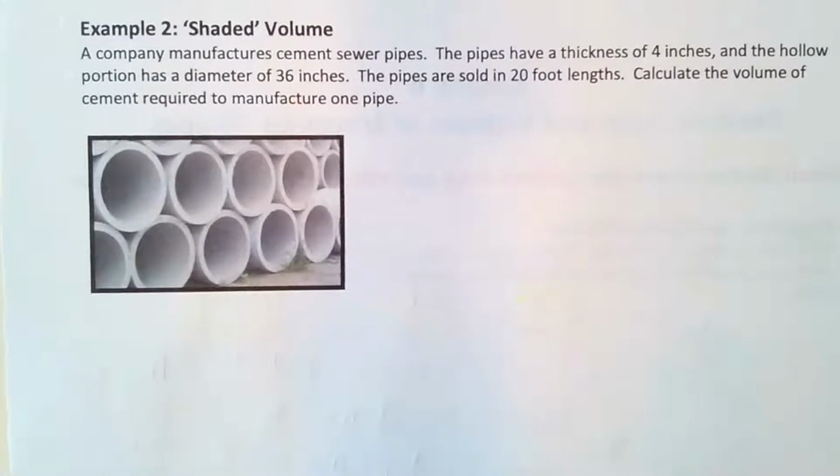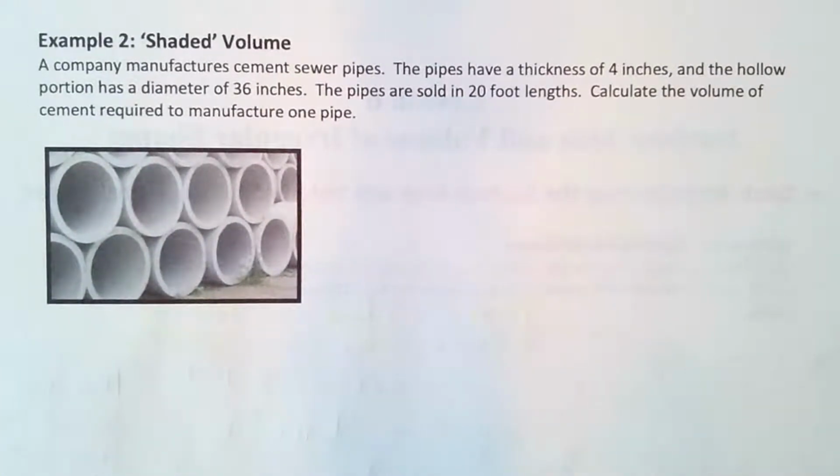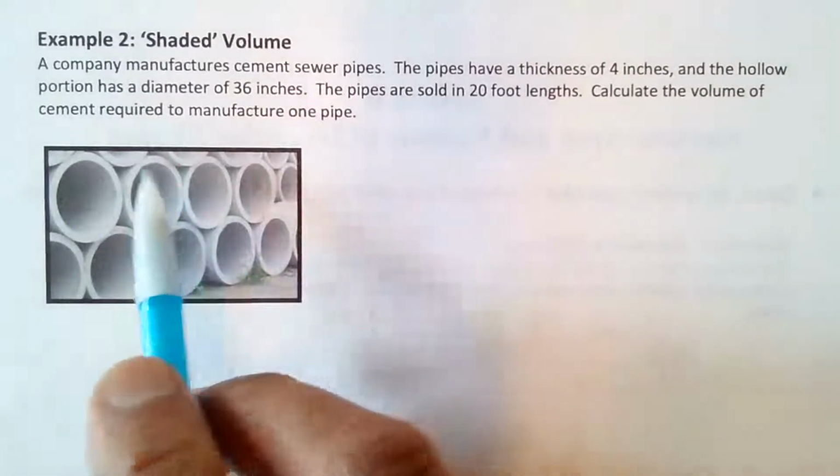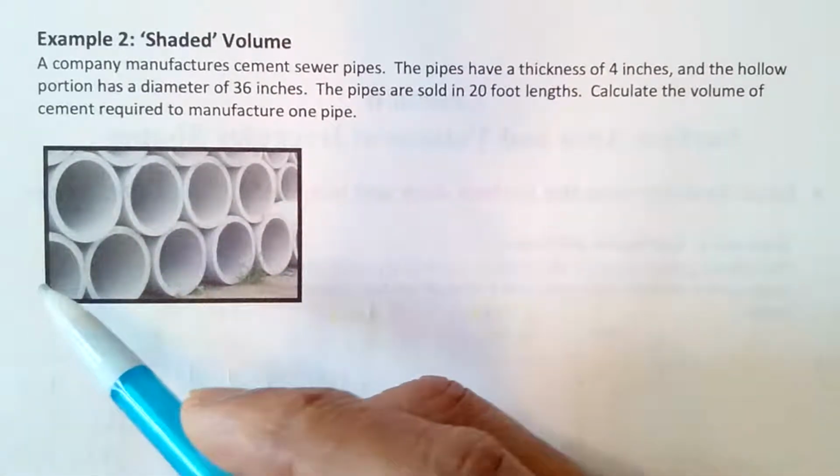Okay, let's go on to example 2. Now in this example, we're asked to find the amount of cement to manufacture these sewer pipes.